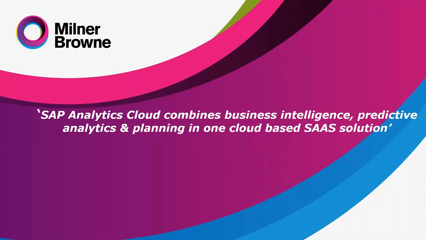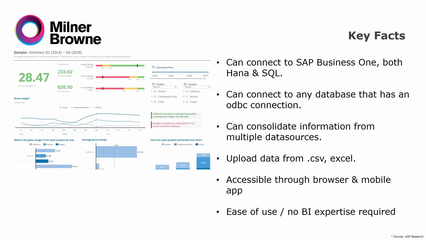Okay, so just some key facts. SAP Analytics Cloud can connect to SAP Business One, both HANA and SQL, because our clients are a mixture of both. It can connect to an SAP HANA or SQL system regardless of whether it's on-premise, i.e. server hosted within your building, or hosted within the cloud.